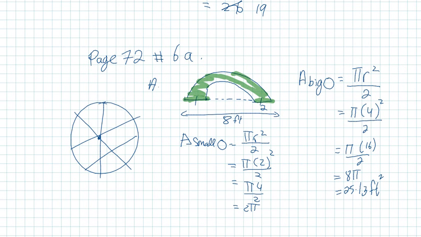So that pi is still in play, coming from here. Now, with respect to the AC, that still represents the diameter. When I'm talking about the full circle, the diameter is 8.